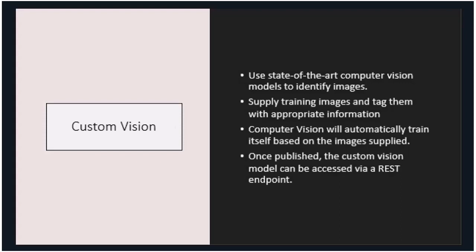But in this case, this is about you taking images that are important to whatever your line of business is, feeding it into there, and then tagging those images with specific tags that describe what's important to you in those images. Once you've done that and you've put a minimum of 5 images per tag in there, you can train the model.